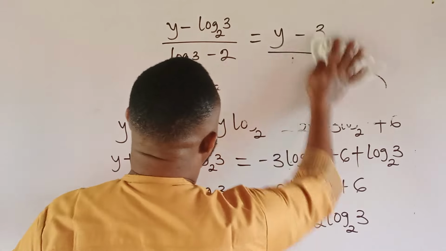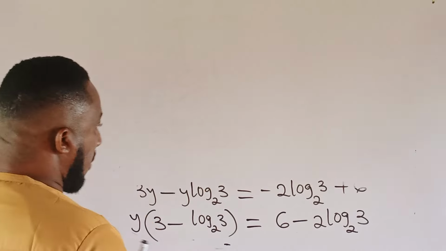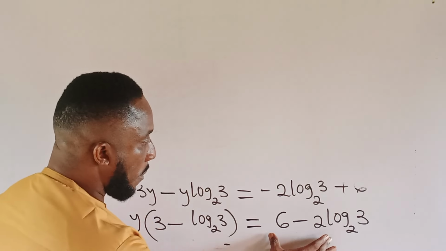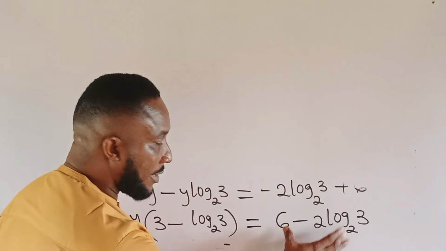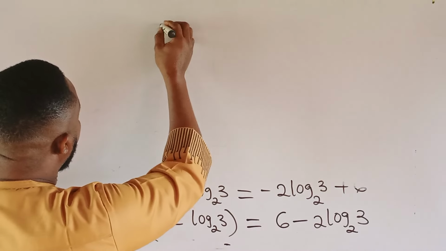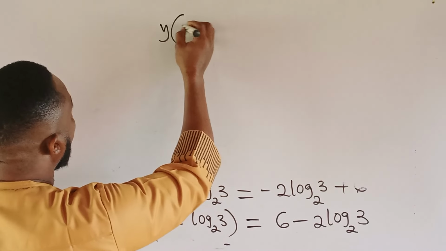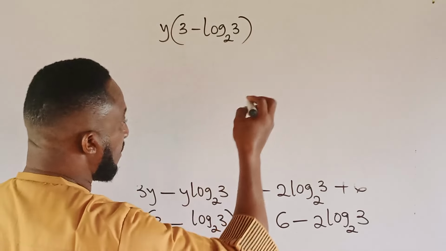So again, for the purpose of elimination, I can decide to also factorize the right side. So we're going to be having y multiply (3 minus log to base 2 of the argument 3).